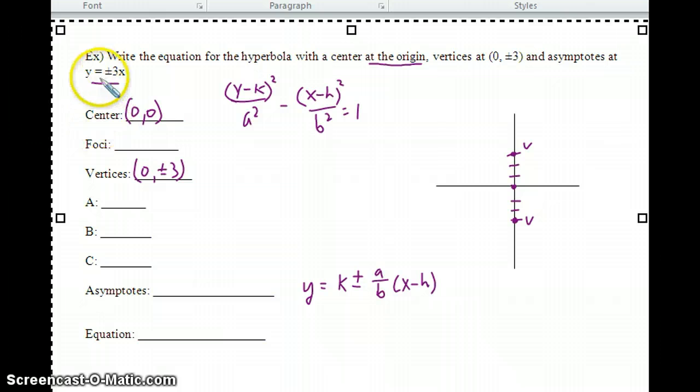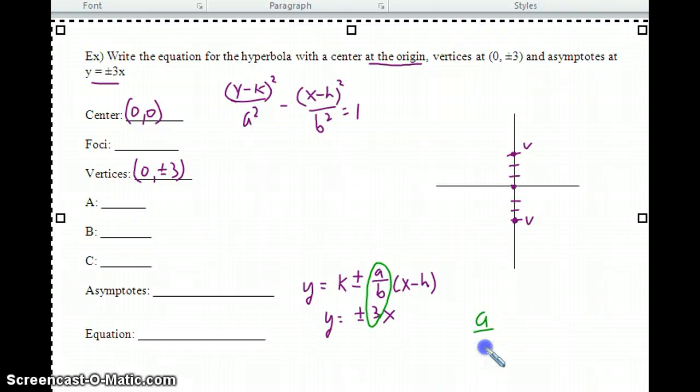Well, if I have that equation already, if I know that my equation is plus or minus 3x, what I'm really given here is, okay, I have no k value, I have no h value, I already know that from 0, 0. I'm given that a over b is equal to 3.